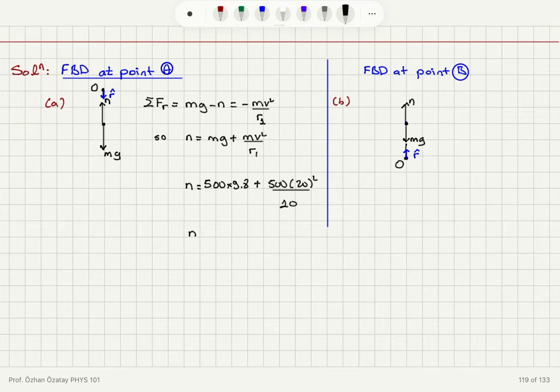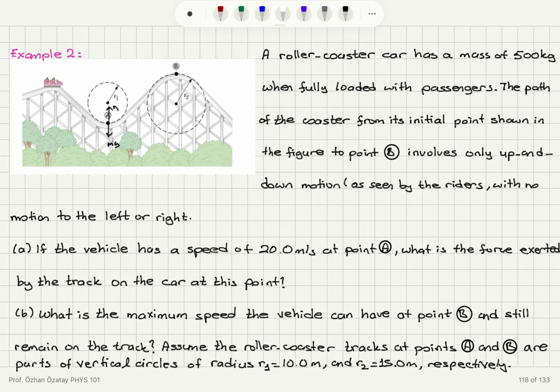So we find the force exerted by the track on the car to be 24.9 kilonewtons. So let me double check. The radius r1 was 10 meters, the mass is 500 kilograms, and we have a speed of 20 meters per second at point A, and that's the force exerted by the track on the car at this point.